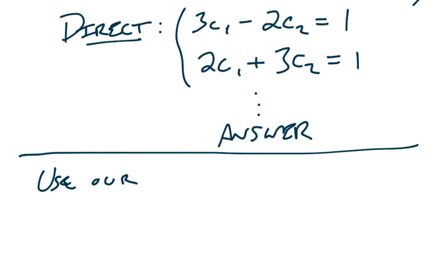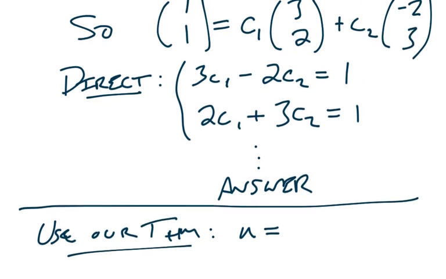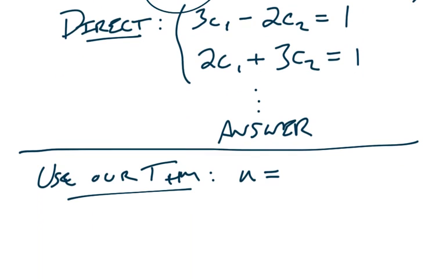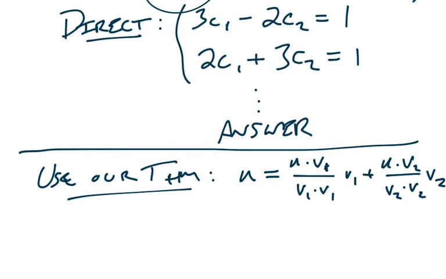So use our theorem about orthogonal bases. And our theorem says that u here, which is this vector (1, 1), is equal to u dotted with v1 over v1 dot v1 in the direction of v1 plus u dotted with v2 over v2 dot v2 in the direction of v2.